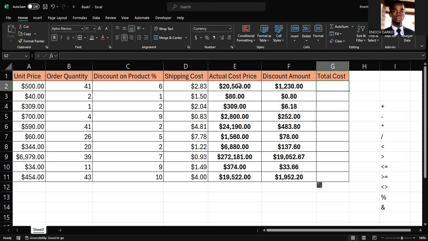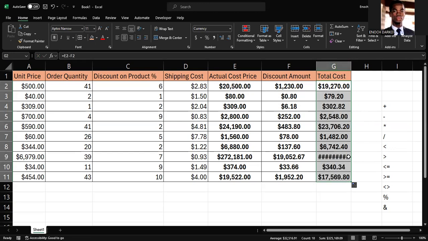We have to find the actual cost and deduct our discount from it, because this was the amount we are supposed to have paid, and they give us a discount of this. So we subtract. This is a simple formula. It's equal to whatever is here minus the discount amount. You press enter, use the autofill to drag.